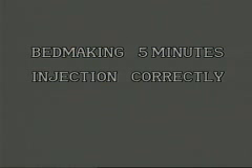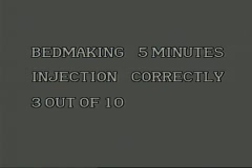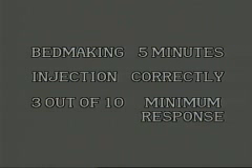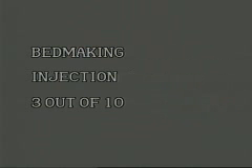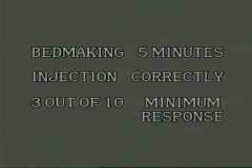Suppose we say the students will give the injection correctly. Here, accuracy is the condition. Suppose we say that students will identify 3 out of 10 signs and symptoms of anemia. And here, in this case, the minimum response you have set is 3 out of 10. Now, these are the conditions of writing instructional objectives.